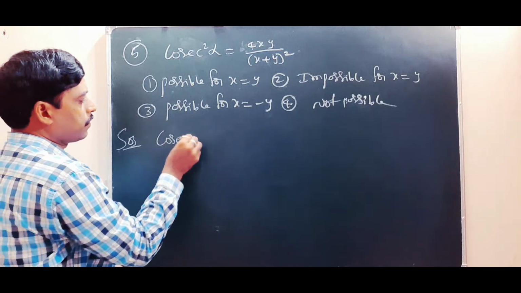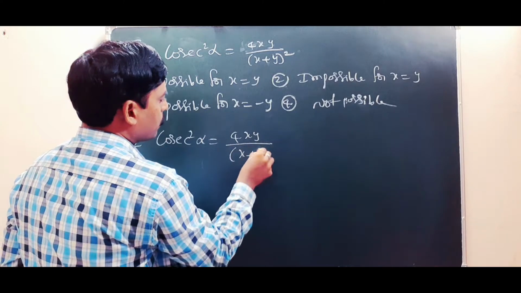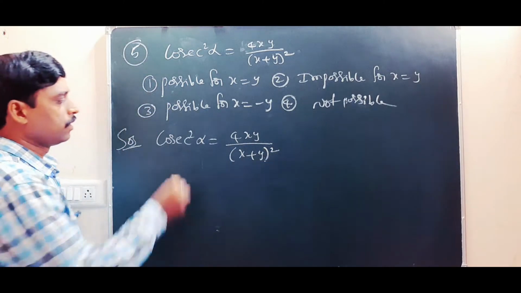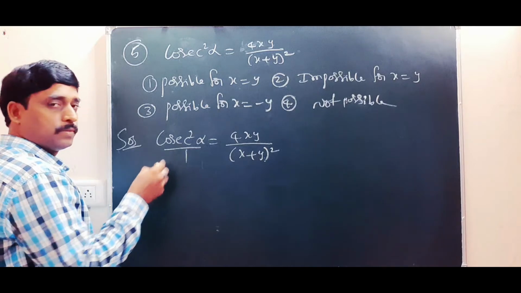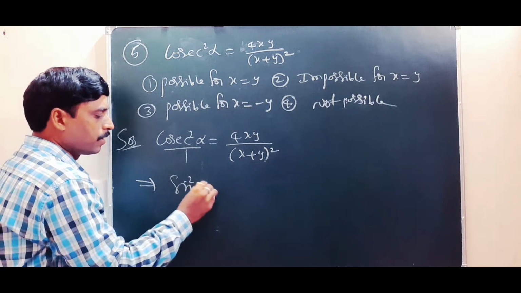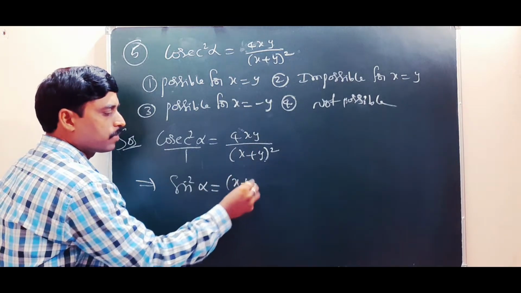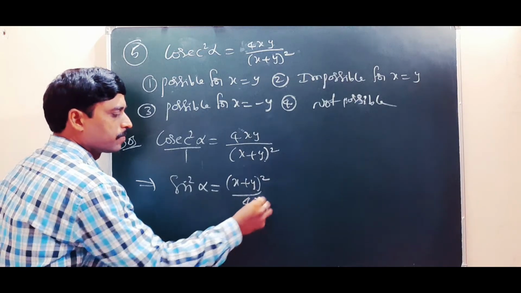So what is given? First, cosecant square alpha is equal to 4xy by x plus y whole square. Let us take the reciprocal. The reciprocal of cosecant square alpha is sin square alpha, and the reciprocal of 4xy by x plus y whole square is x plus y whole square by 4xy.